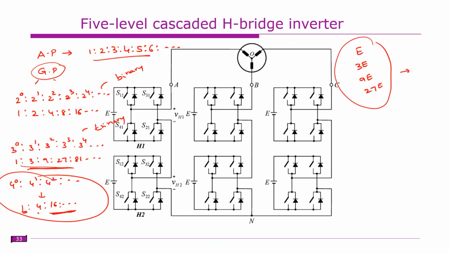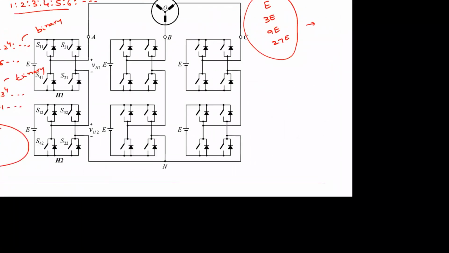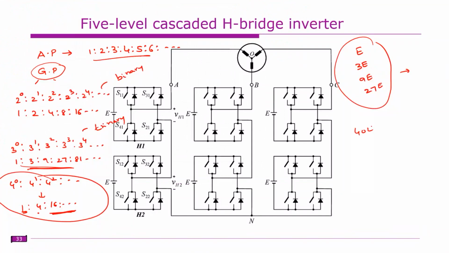So you have 4 H bridges, each with E, 3E, 9E and 27E. How many levels will it produce? Or what is the maximum voltage it can produce? 40E, right? So the output will vary from plus 40E to minus 40E. So how many levels can it produce? 81. So 81 levels it can produce, including the 0.